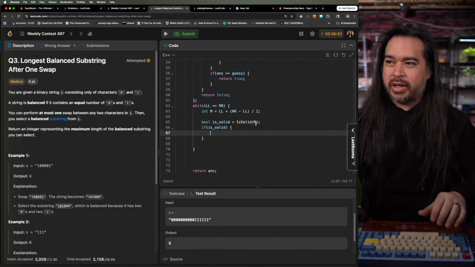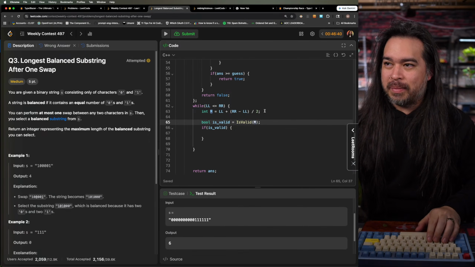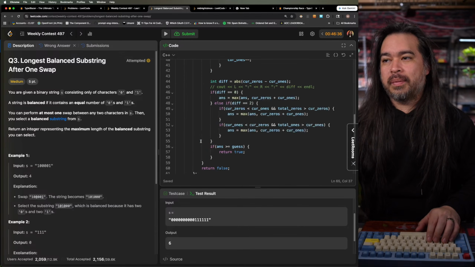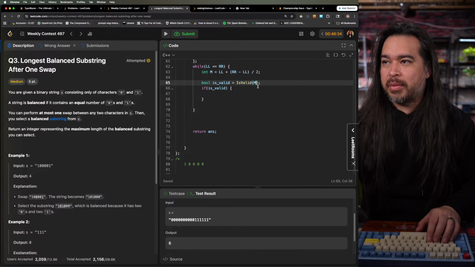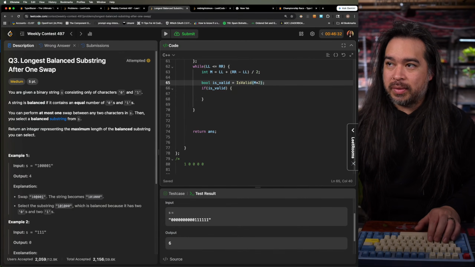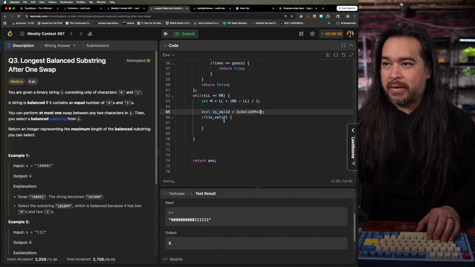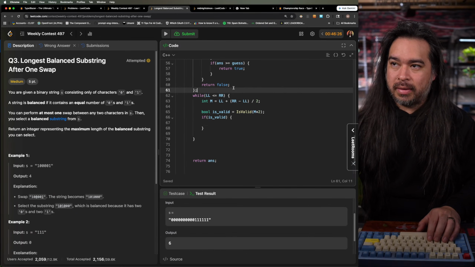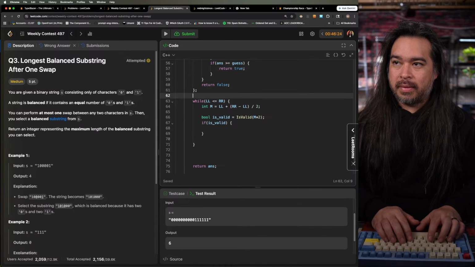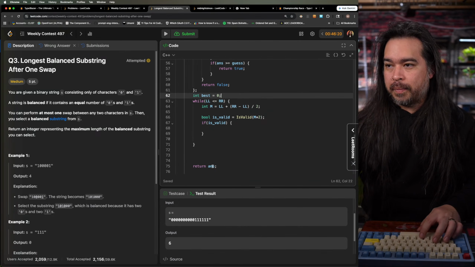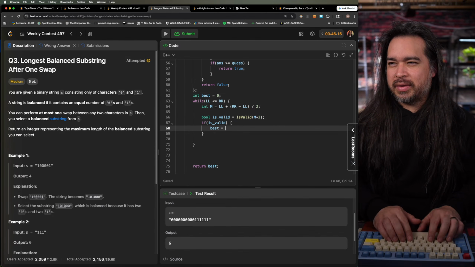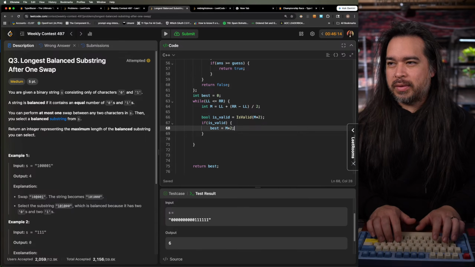Wait, what am I trying? What's this guess? Is it M? Maybe I multiply it by 2. M times 2. So if it's valid, then we record it as the best, M times 2.